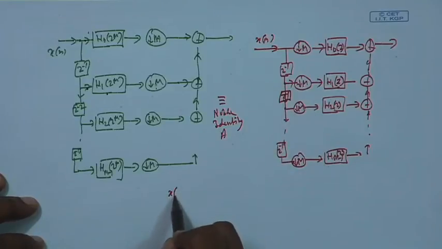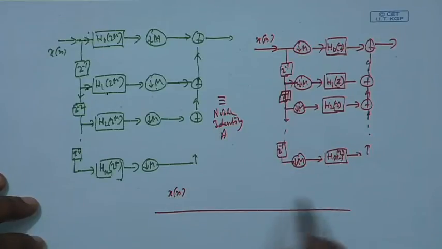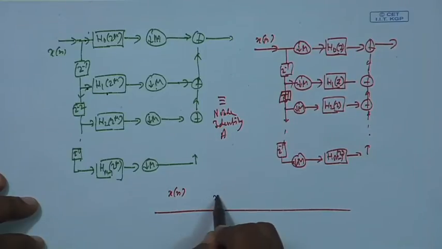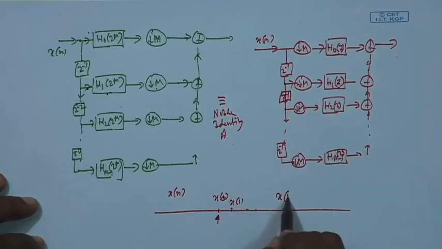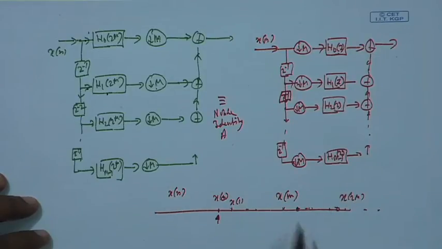Suppose you have a sequence x[n], like this: this is your origin x 0, then x 1, dot dot dot, x m, then again all these points, x 2m.